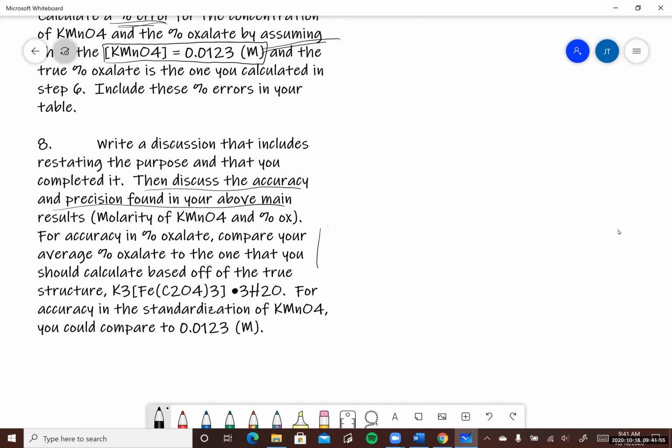And you're going to talk about it in words. So you should use that table above in order to finish your discussion and complete the assignment for number 8. And that's pretty much it.